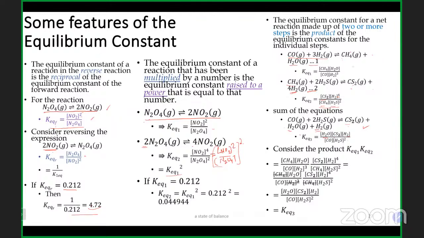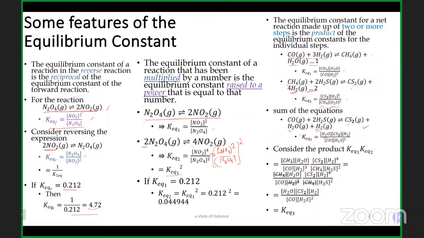Now, if you consider this equilibrium constant multiplied by this equilibrium constant, this is CH4 H2O over CO H2, times CS2 H2 over CH4 H2S. Of course, CH4 cancels out.